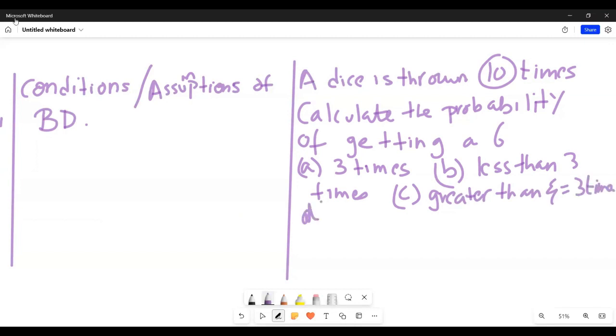And part D, sorry, it's not 3 times here, it's 8 times. And part D, it is greater than 3 times. More than 3 times.